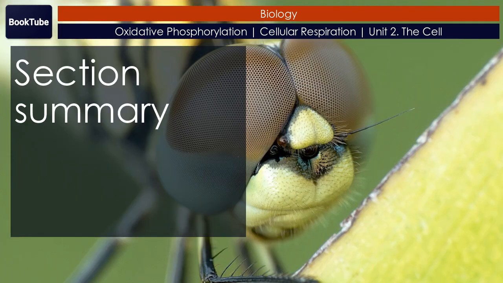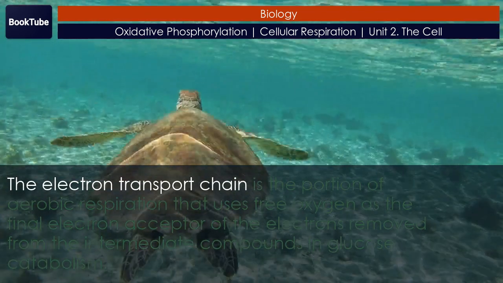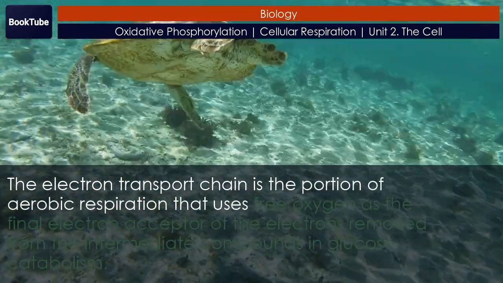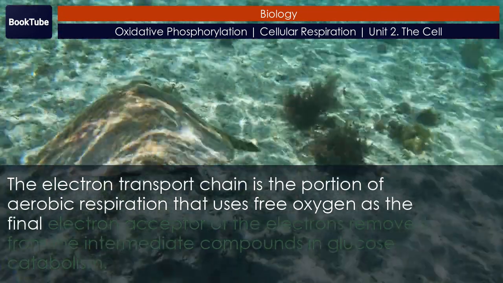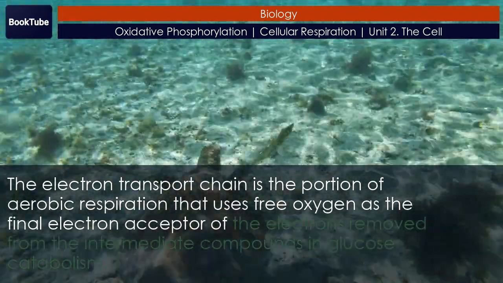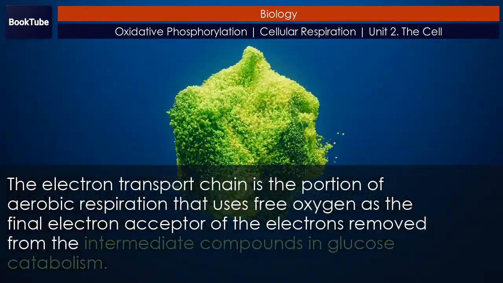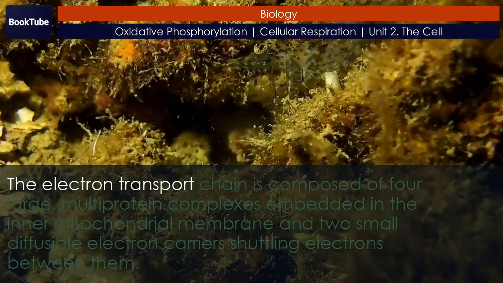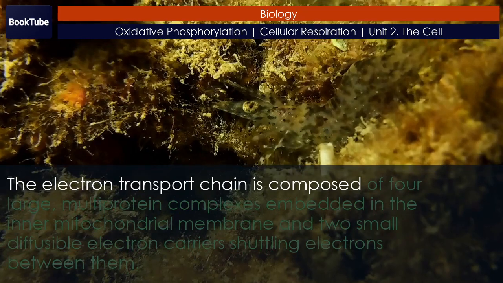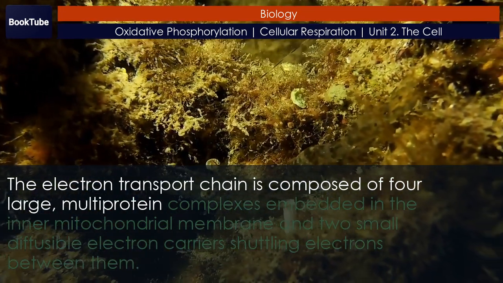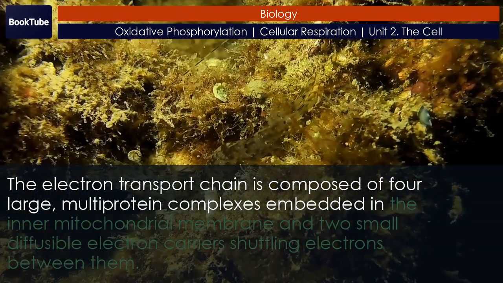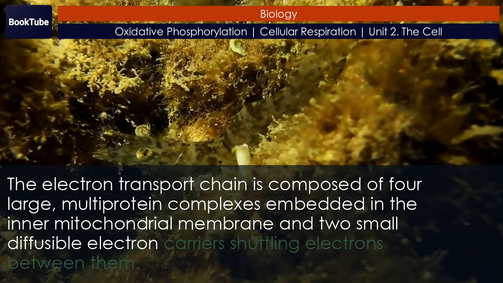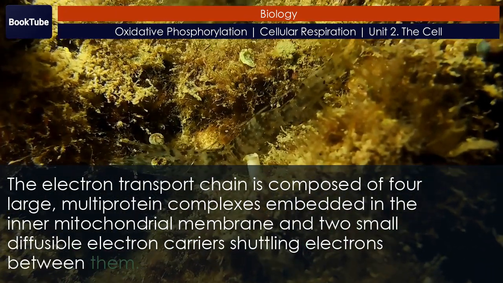Section summary. The electron transport chain is the portion of aerobic respiration that uses free oxygen as the final electron acceptor of the electrons removed from the intermediate compounds in glucose catabolism. The electron transport chain is composed of 4 large multiprotein complexes embedded in the inner mitochondrial membrane and 2 small diffusible electron carriers shuttling electrons between them.